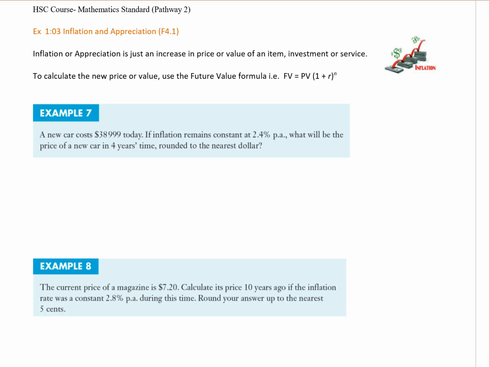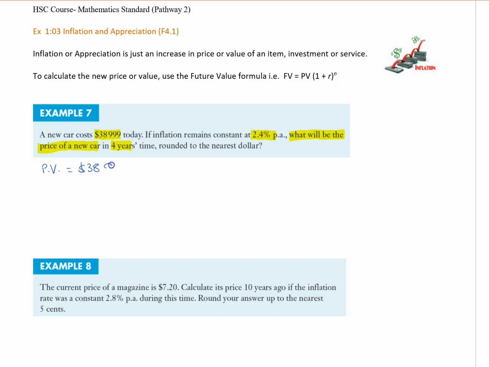So let's just follow our normal problem-solving techniques of underlining obvious numbers, underlining the question, and then translating that mathematically. If it costs $38,990 today, that is the present value.